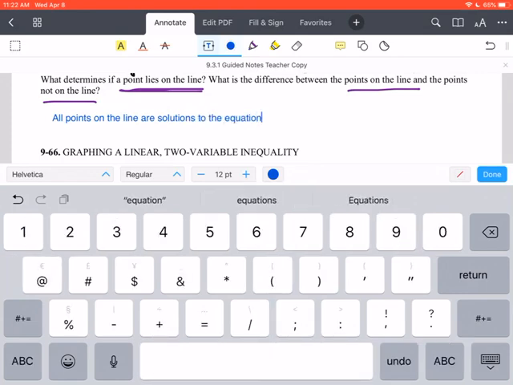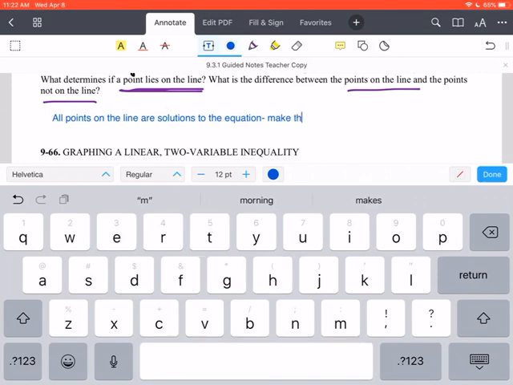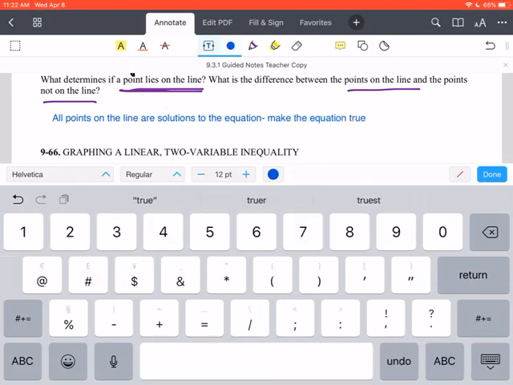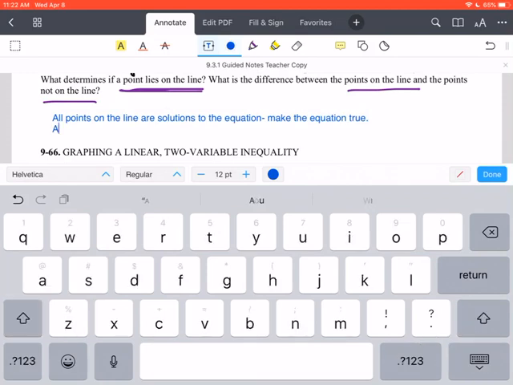Okay, in other words, they make the equation true. We can say all points not on the line are not solutions and make the equation false.